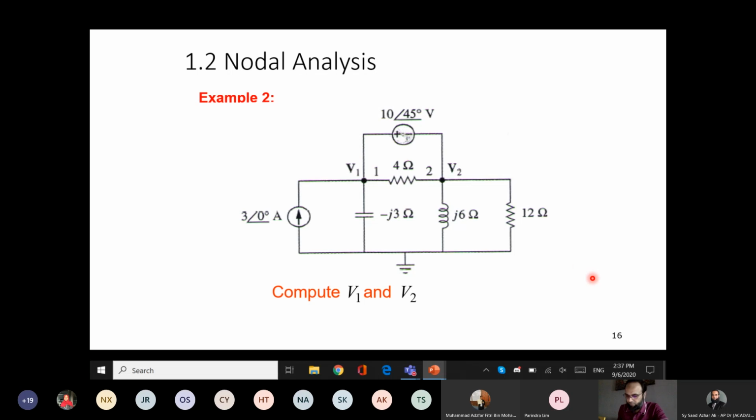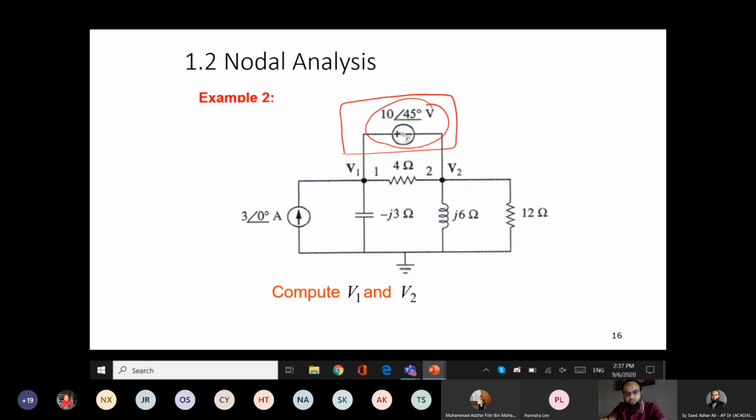Supernodes, sir. Wonderful. We can see V1 and V2. If I just remove this part, it's a standard question, just like the first one. Very easy. But this particular thing makes it a bit difficult when we start writing the equations.